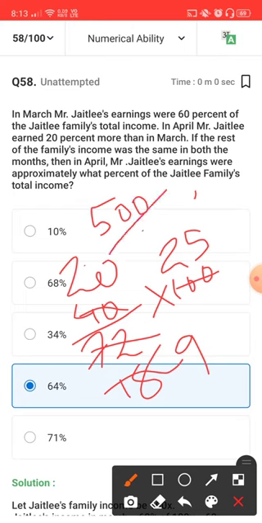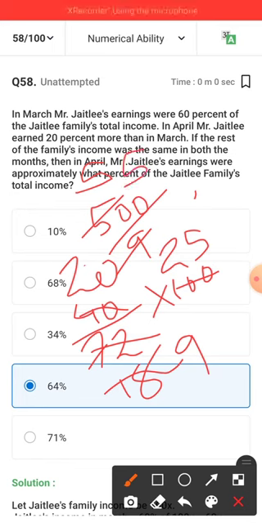What is 500 by 9? 5 9s are 45, so we get 55.555.